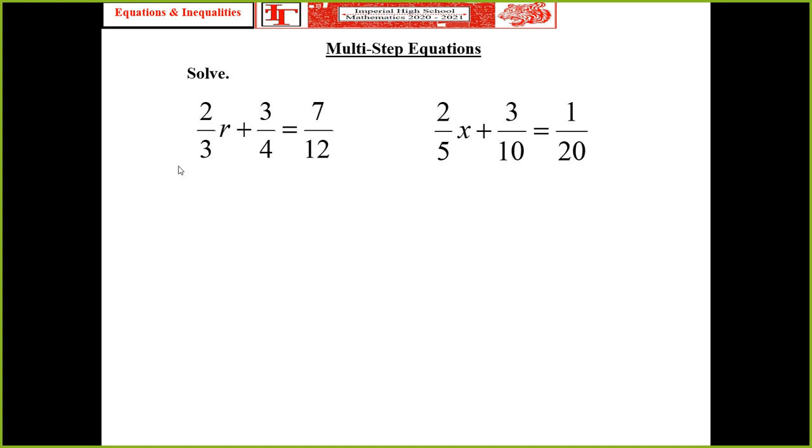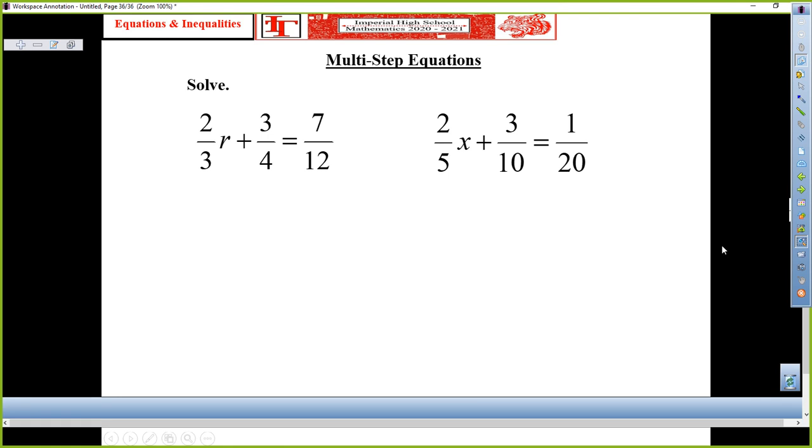All right, so let's see my awesome tool here. So it says 2/3 r plus 3/4 equals 7/12. Let me zoom in for this one. Now, this one is solved just a tiny bit different. We can work with fractions, which you guys love, or we can get rid of the fractions.